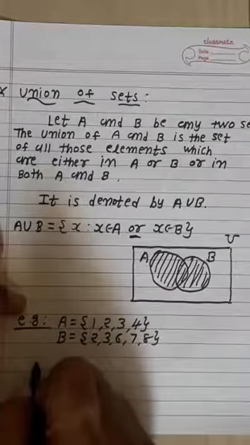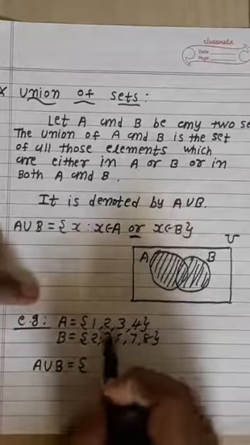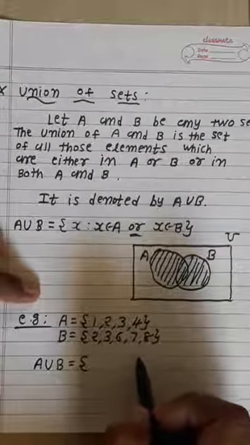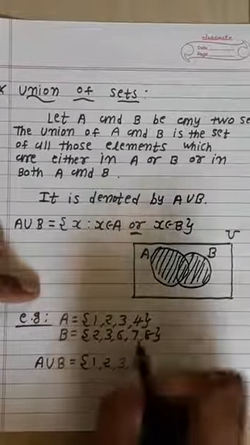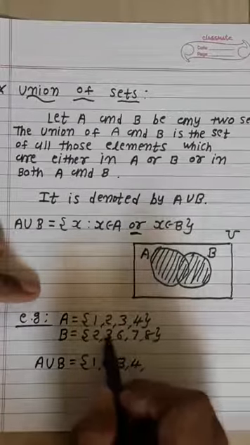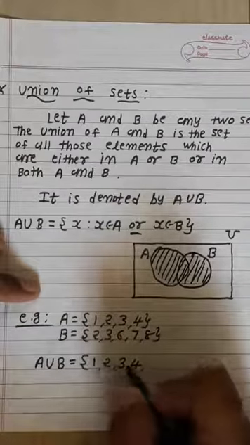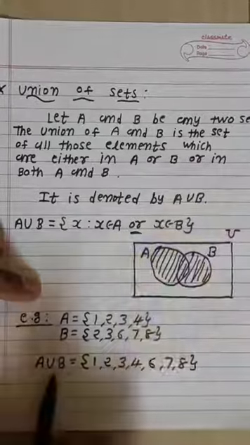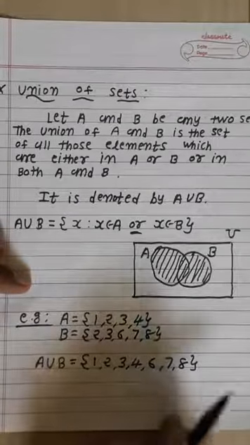Now find A union B. So A union B is equal to the set of all the elements of set A as well as all the elements of set B. So here 1, 2, 3, 4. Now 2 and 3 are repeated here, but we do not write them again. Then we write the remaining elements of set B. So A union B is equal to 1, 2, 3, 4, 6, 7, 8.